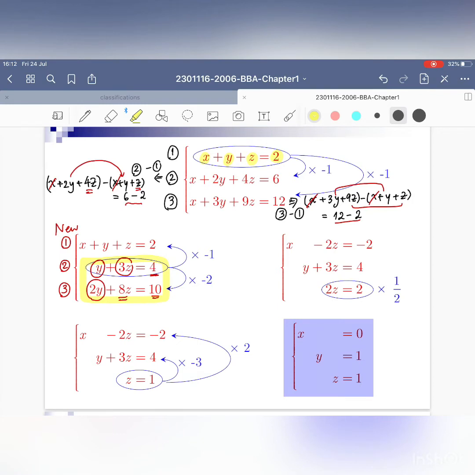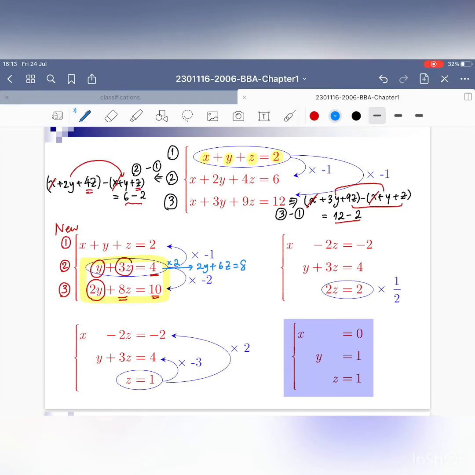So why don't we get rid of either y or z from these two equations first, and then after you get one of them, you may solve for the other. So for example, you may think of it this way. We are going to multiply by 2 first, so you get 2y plus 6z equals 8.